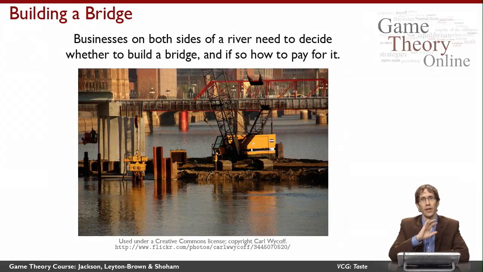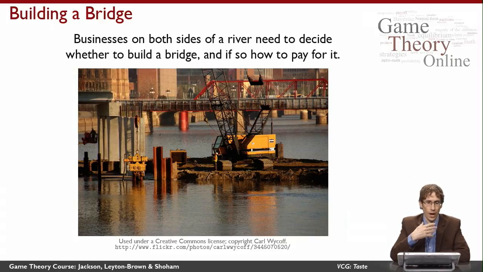Let's imagine here the simplest possible outcome space. There are just two things that could happen. I have a set of businesses on two sides of a river, and the two outcomes are that a bridge could be built or could not be built. And what I want to do here is to build the bridge if the sum of values that the agents have for the bridge exceeds the cost of its construction, and not build the bridge otherwise.